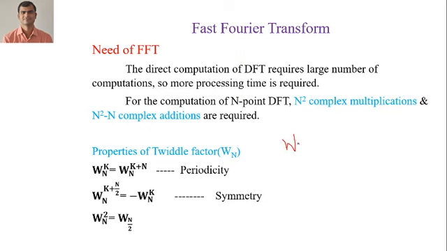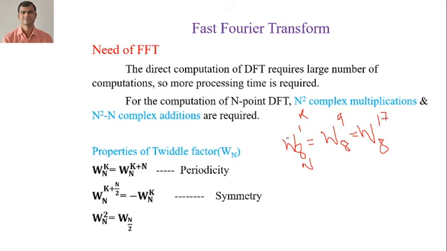Using the periodicity property, W8 to the power 1 is equal to W8 to the power 9, which is equal to W8 to the power 17 and so on. Here the subscript represents the value of N and the exponent represents the value of K. This is the use of the periodicity property.